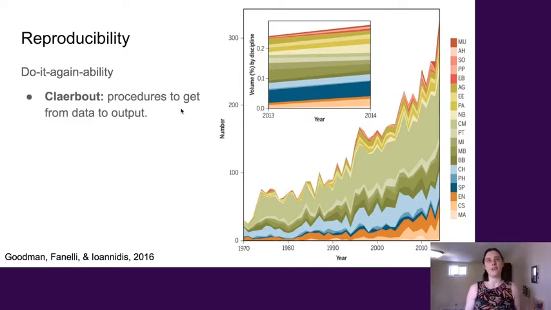So when we first began talking about reproducibility, people were saying things like, okay, reproducibility is really about a procedure to get from data to an output, right? So that we can kind of recreate or reproduce all of the pathways that we took from getting something like zeros and ones or some kind of data set all the way to a figure or a table or something like that.